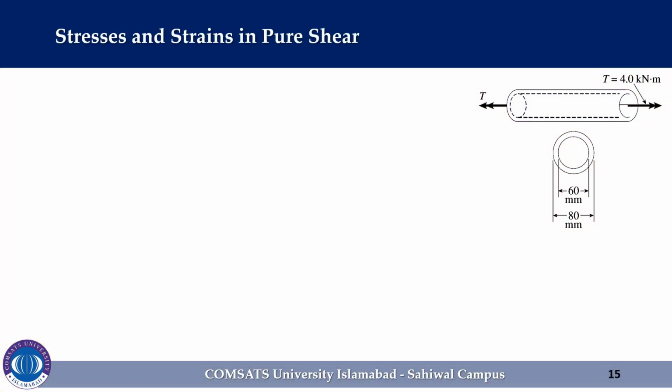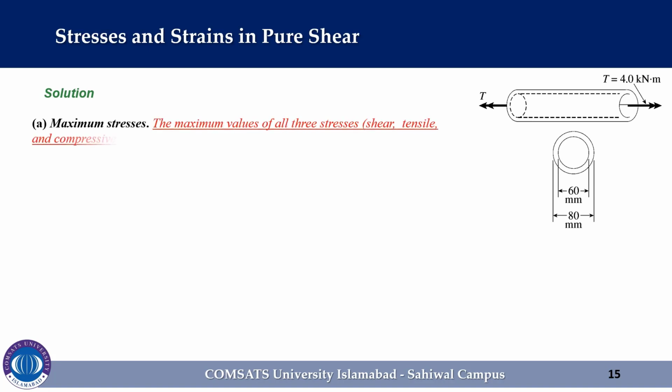So after analyzing the problem statement, now we will move towards the solution. In part A, we have to find the maximum stresses. The maximum values of all three stresses, shear, tensile and compressive, are equal numerically. Although they act on different planes, their magnitudes are found from the torsion formula, tau max is equal to T R over I P. Here T is the torque, R is the radius of the tube and I P is the polar moment of inertia.